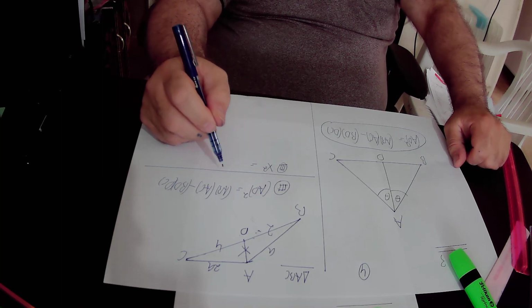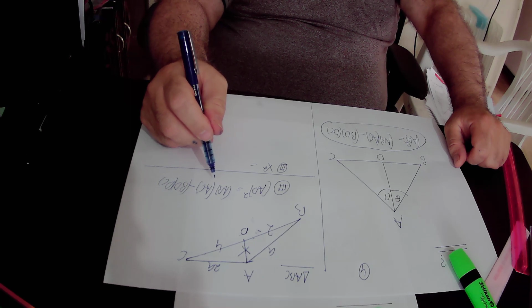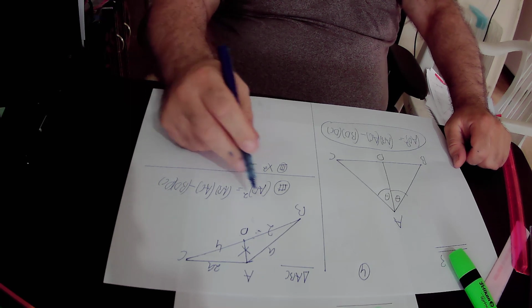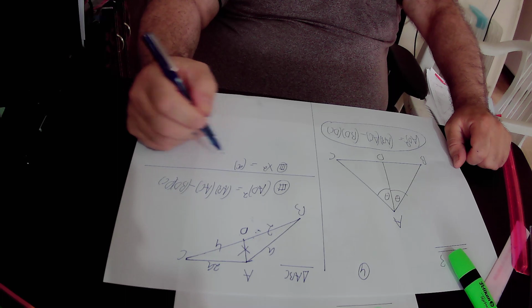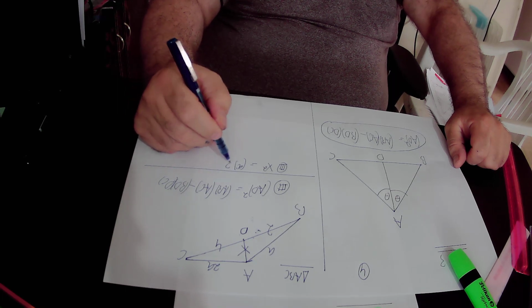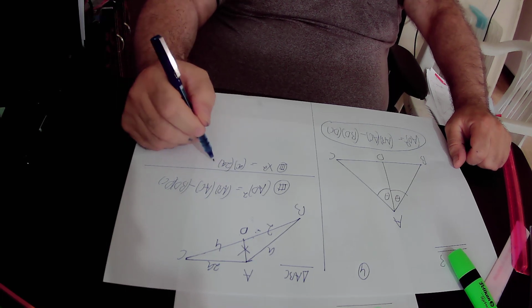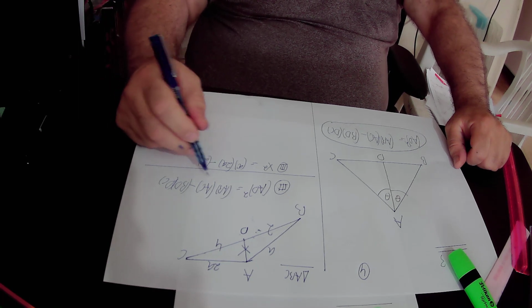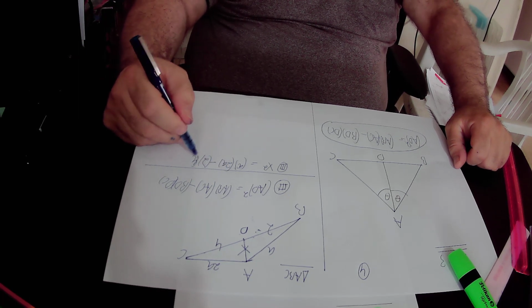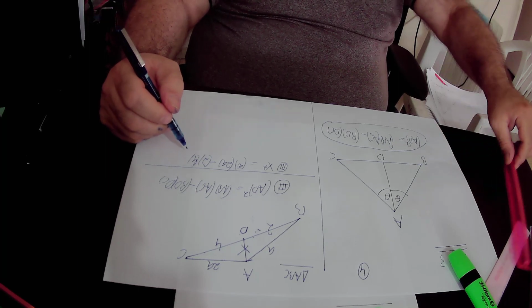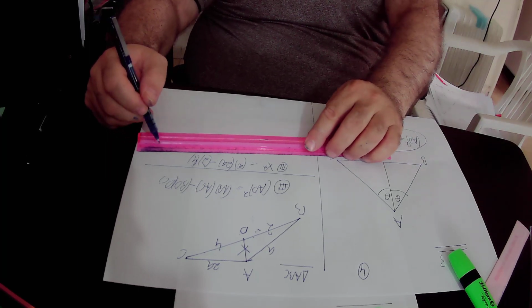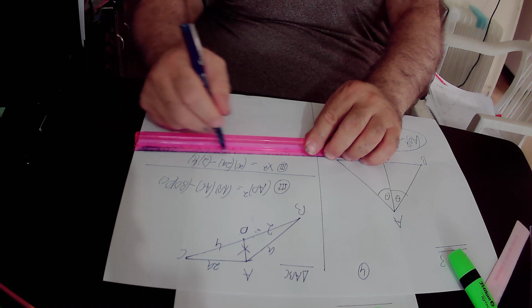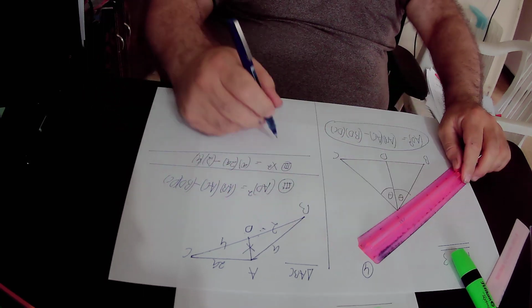And it is equal to AB, AB equals A, times AC, AC equals 2A, minus BD, which is 2, times DC, which is 4. So in conclusion, X squared equals A times 2A minus 2 times 4.